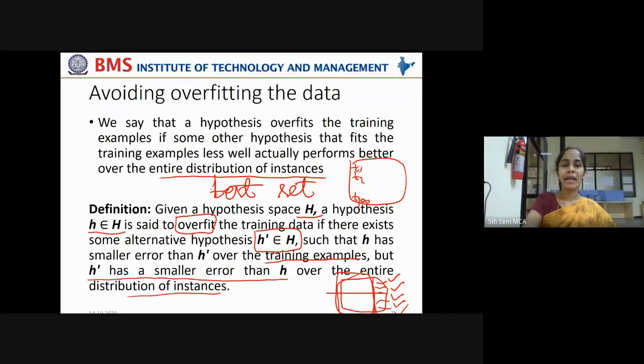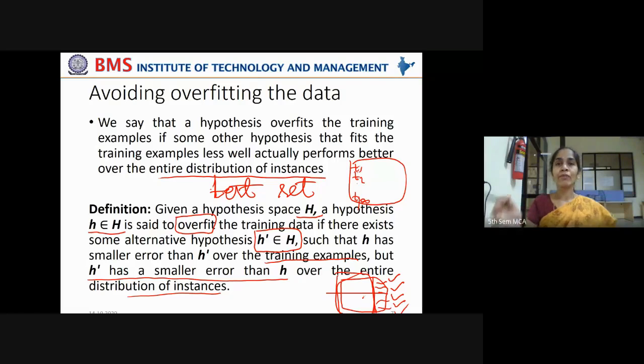It means h' has a smaller error than h over the test set, unseen data drawn from the same data set, so it will also have the same distribution as the training set. That is why they say entire distribution of instances.